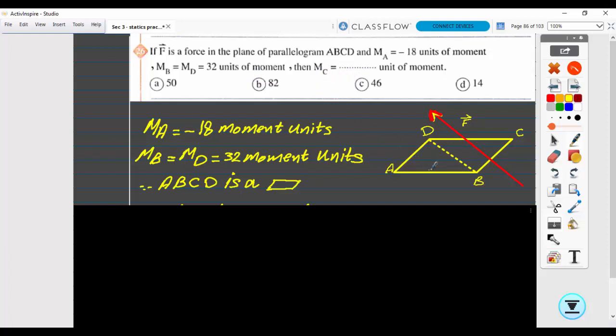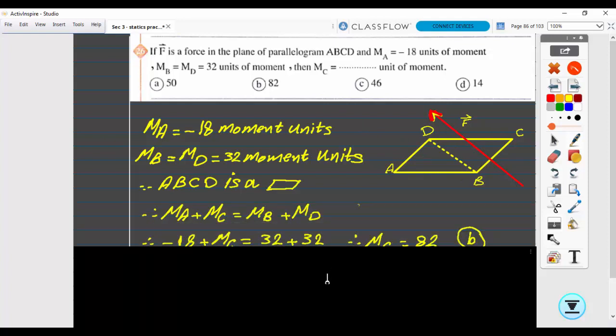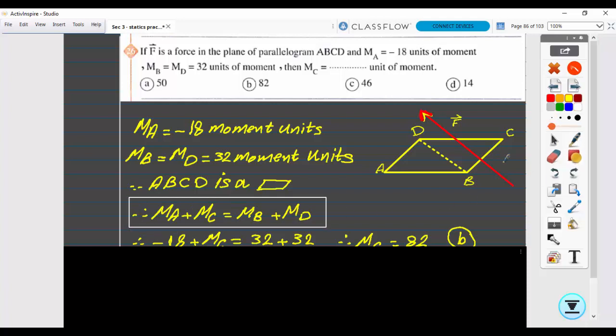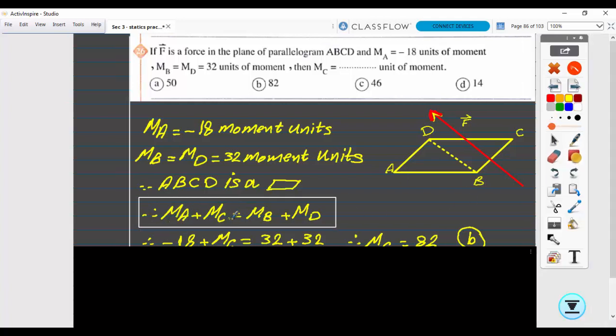Here we have ABCD is a parallelogram. Then MA plus MC equals MB plus MD. Here is the rule, you have to memorize it.